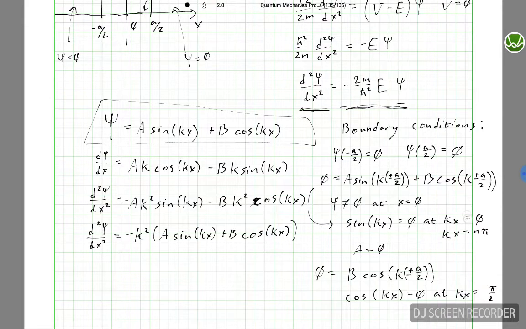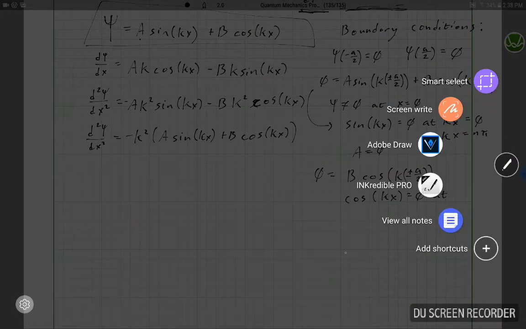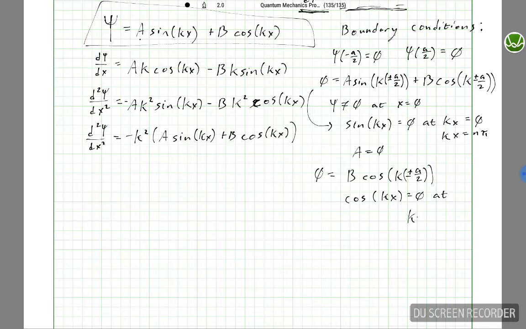I kind of ran out of room. Let's go down here. At kx equal to 2n plus 1 pi over 2. I put that in there so that we know that it's always an odd integer.